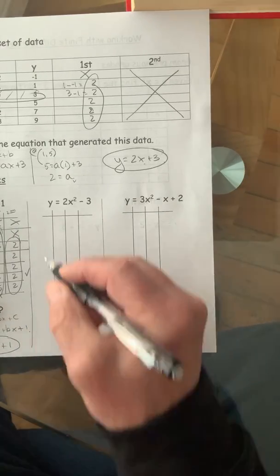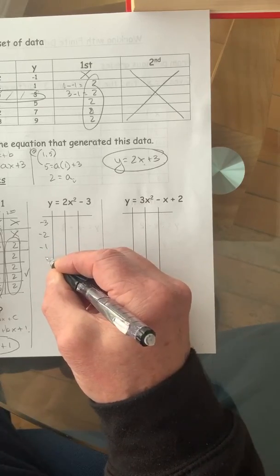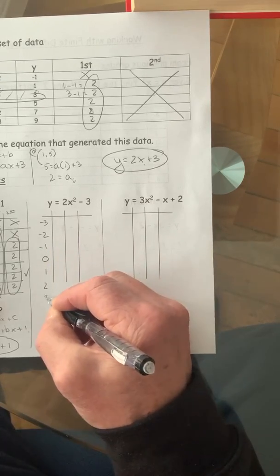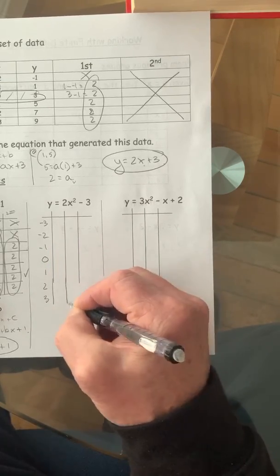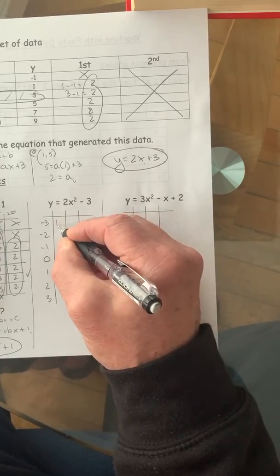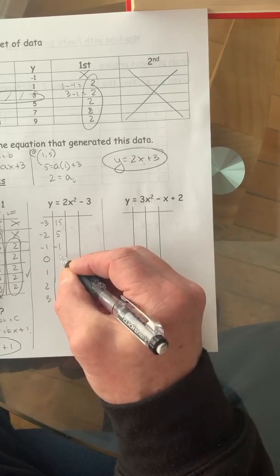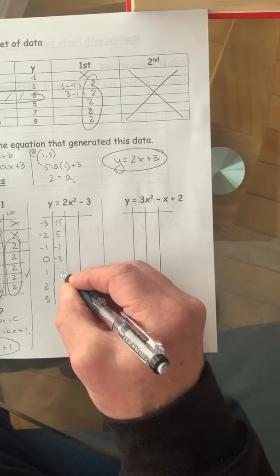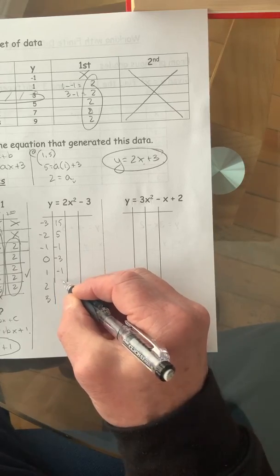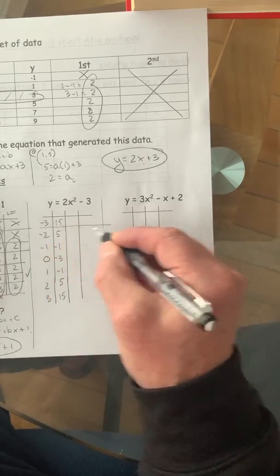Let's do the next one. Negative 3, negative 2, negative 1, 0, 1, 2, 3. It's best to use a calculator for this so we don't make mistakes. Table.